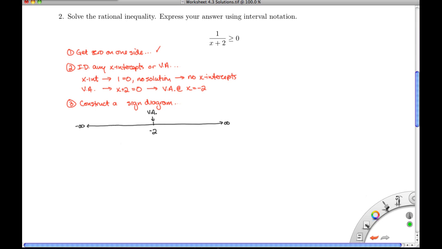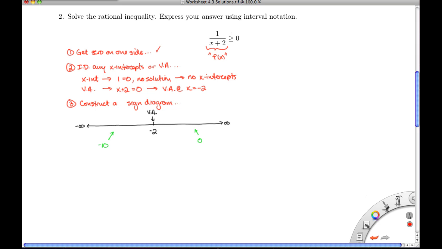So now we're going to go ahead and test points. I'm going to pick -10 from here, and I'm going to pick 0 from this interval. Now if we go back to the original inequality, once we've got one function on one side and 0 on the other, this is going to be our f of x. This is going to be the function we're evaluating.